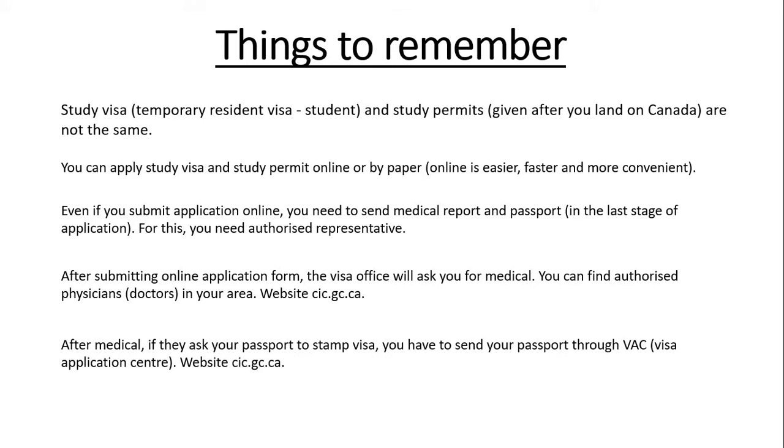After the medical, if they ask for your passport to stamp the visa, you again have to send your passport through the visa application center, and I will explain about the visa application center at the end of this video. If you get the visa, you will get your passport with the study visa after 1 to 2 weeks.